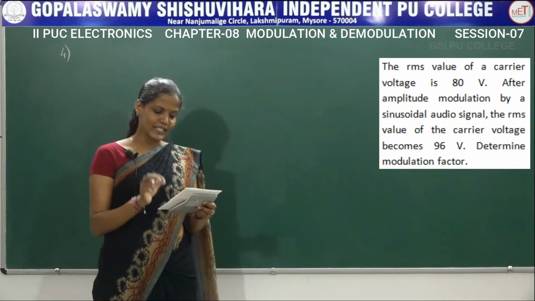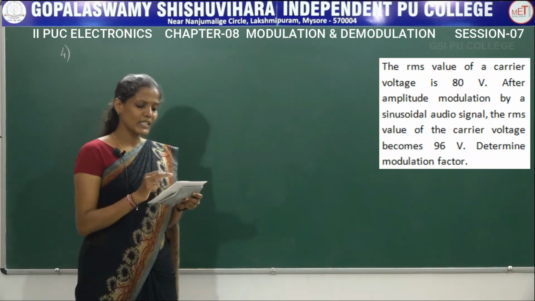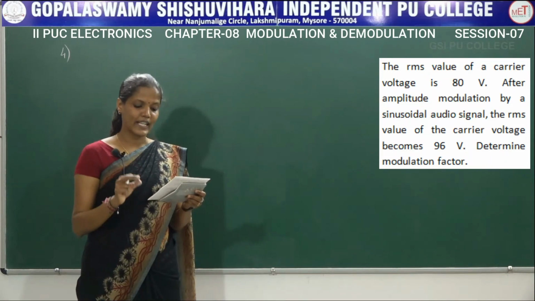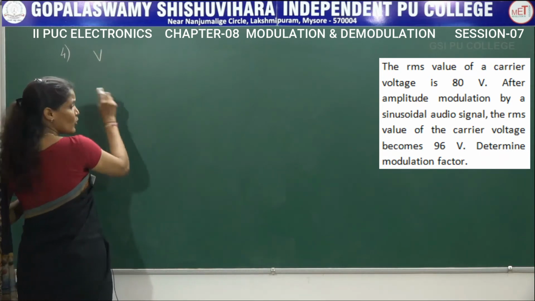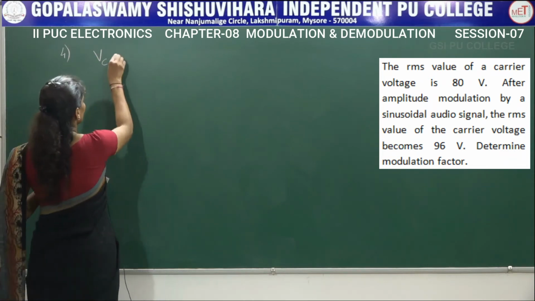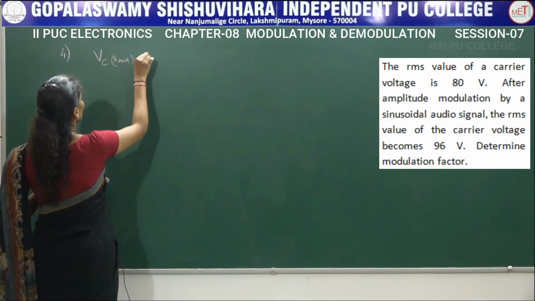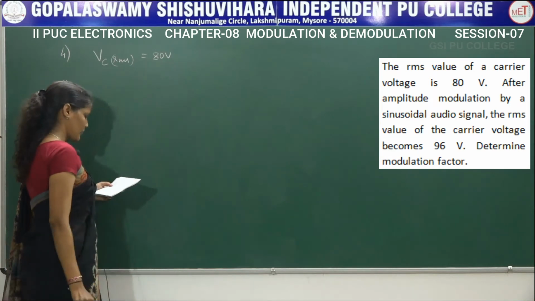First let us try to understand what is given and then we will move on to the next part. The RMS value of a carrier voltage is 80 volts. Since it is the carrier voltage, let me denote that by VC, but that is nothing but the RMS value. So VC RMS is equal to 80 volts.